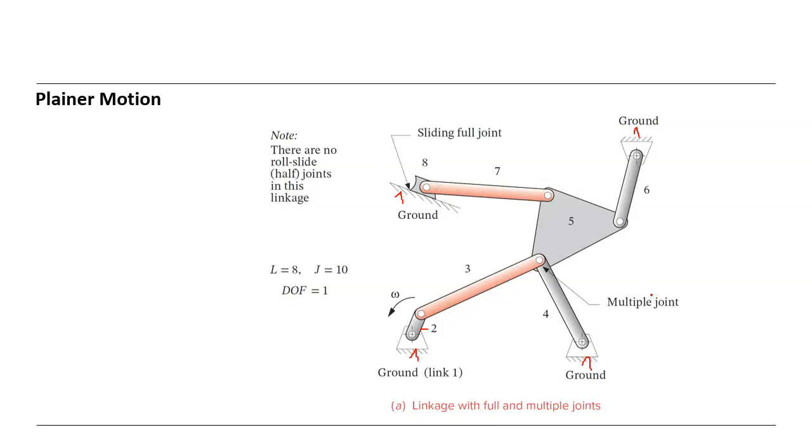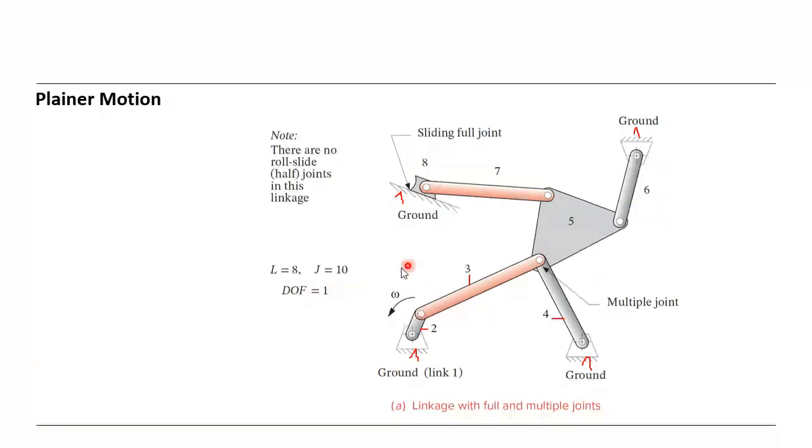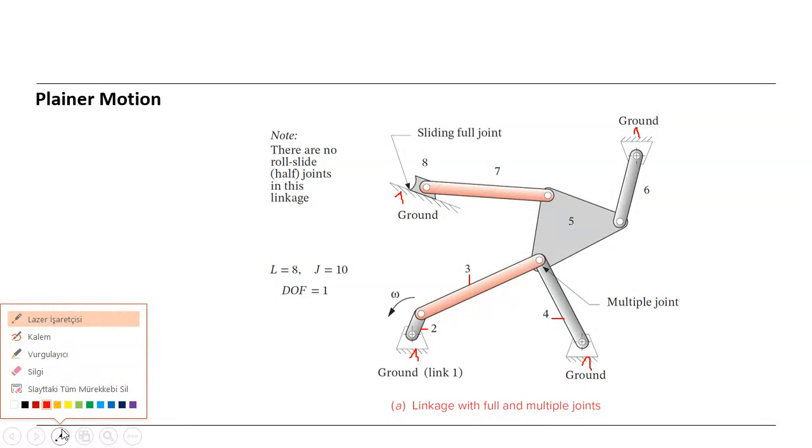You see, this is 2. It seems this is the crank, full rotate. This is the coupler, 3, and this is 4, the follower. This is a 4-bar mechanism, you can easily see. Or I can draw it like this.